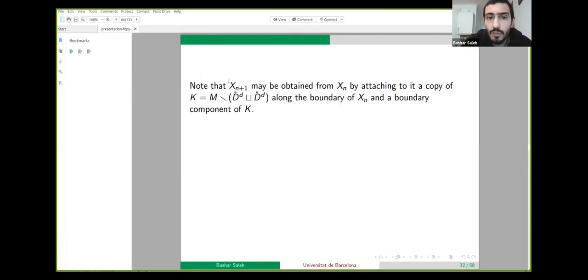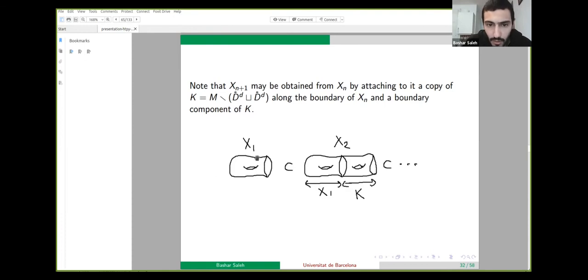We observe that Xn+1 may be obtained from Xn by attaching a copy of M minus 2 disks along the boundary of Xn and a boundary component of K. So we start with X1, say, and then we take M minus 2 disks and attach it along one boundary component of K, and we continue like this.